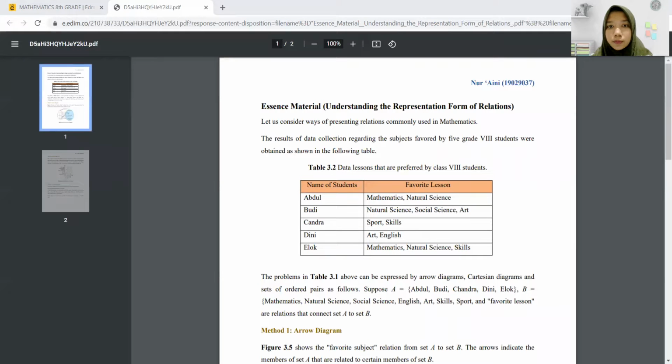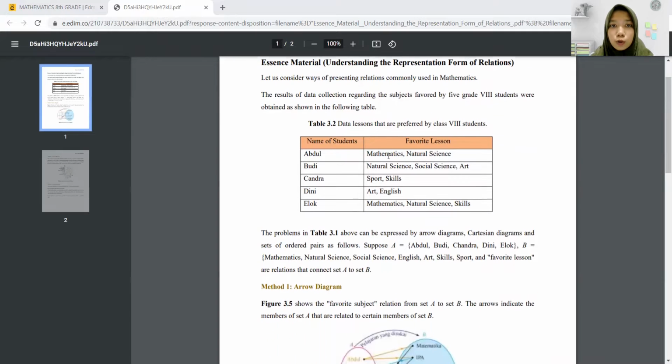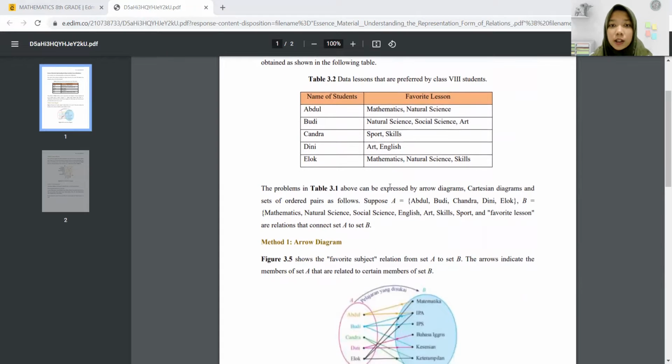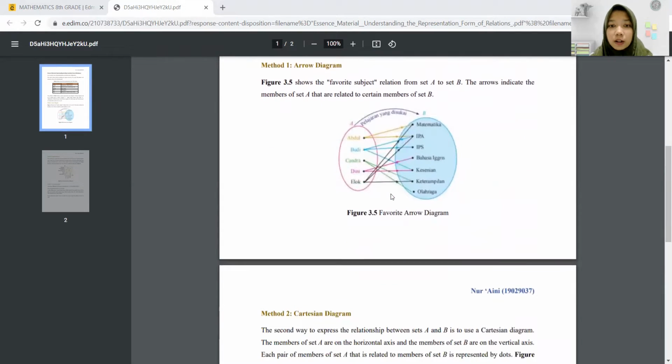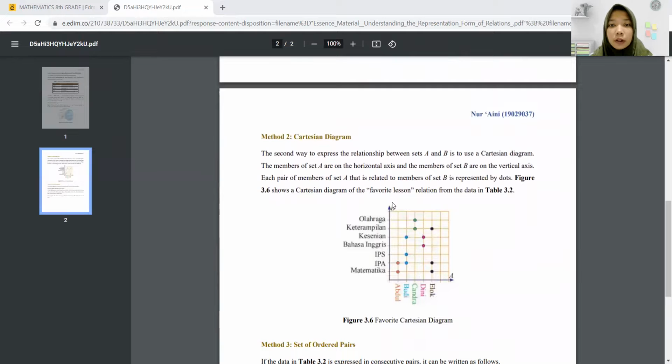Students can open this file. Students can read this material to more understand about the concept.